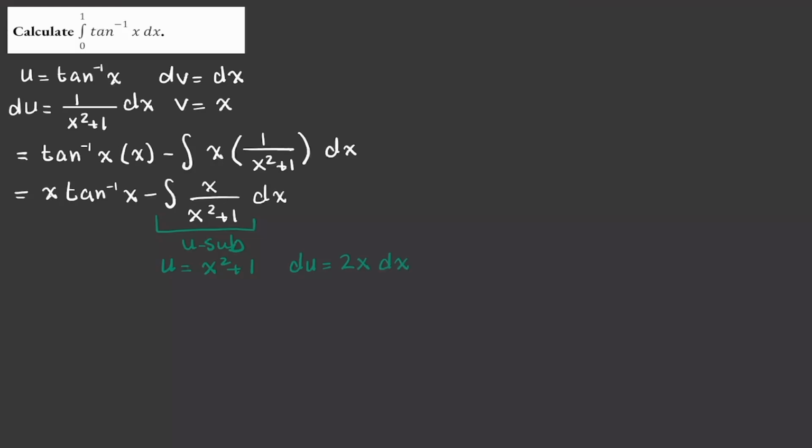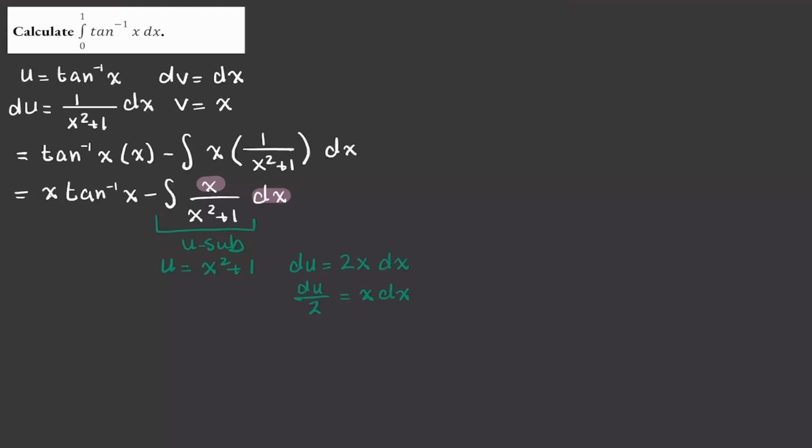Now here, I notice that I have the x that's being multiplied by the dx, but I do not have the 2. So to fix that problem, I will just divide the 2 to both sides, and I will obtain du over 2 is equal to x dx.